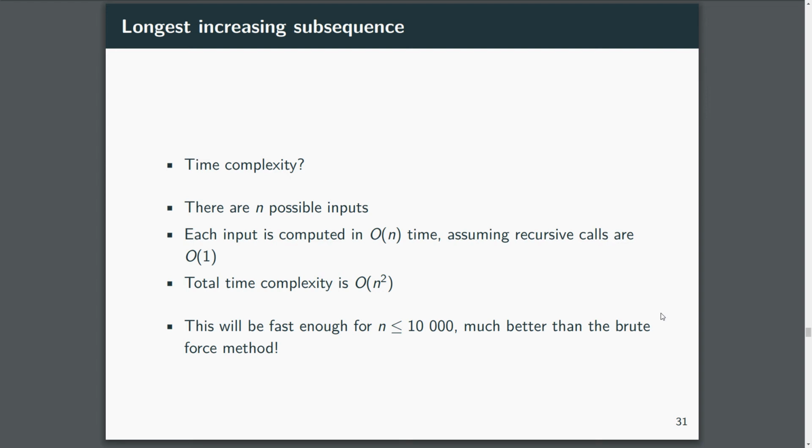Well, we have n possible inputs, and we have a for loop in there, which can take at most n steps. So each input is computed in O of n time, and therefore the total time complexity is O of n squared. And this will be good enough for n up to 10,000 usually. Maybe a bit less, maybe a bit more.